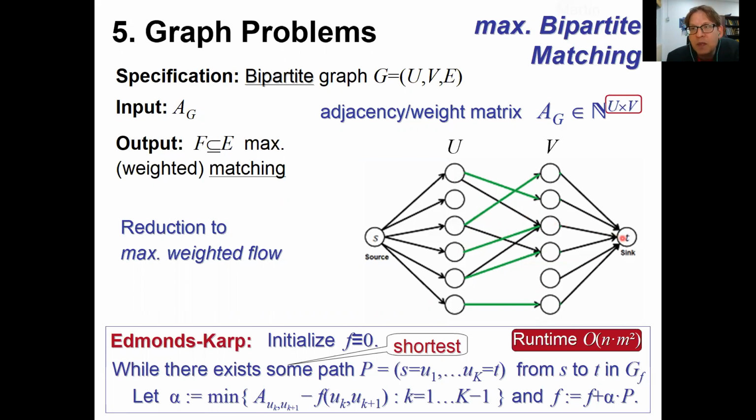But since we assign capacity 1 to this edge, that means either this edge or this edge, exactly one of the incoming edges is actually used by the maximum flow calculated by Edmonds-Karp or Ford-Fulkerson. And this is again a very nice illustration of this principle. Remember, we proved this lemma: whenever there's a flow, then there's also an integral flow of the same flow value, right?